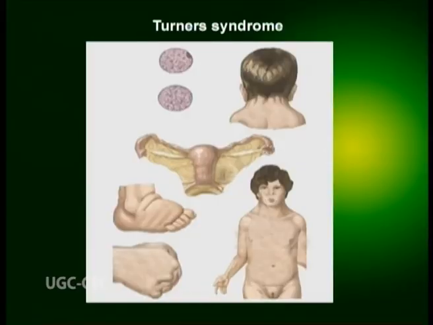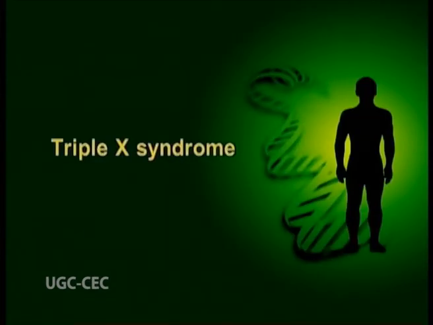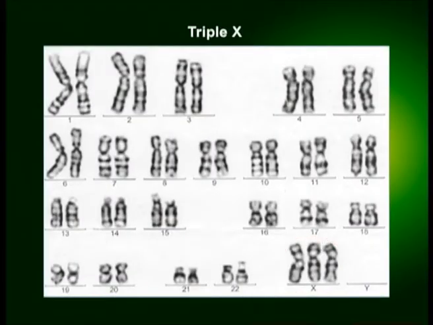The Turner syndrome individual generally will have a female phenotype, but they cannot reproduce, and the secondary sexual organs will all be very rudimentary. We have seen the example of Turner syndrome where there is only one X chromosome, and in case of triple X there will be 3 X chromosomes, and there will not be any Y chromosome.